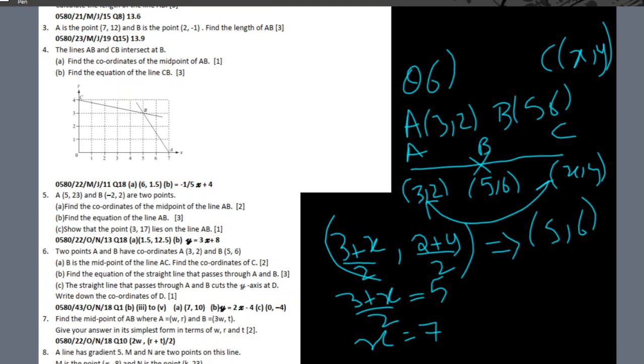And here as well, 2 plus y over 2 equals 5, which makes y equals 8. No, sorry, 2 plus y over 2 equals 6, which makes 12, and which makes 12 minus 2, 10.